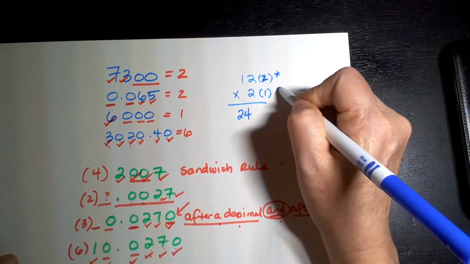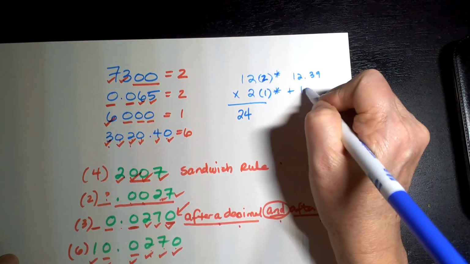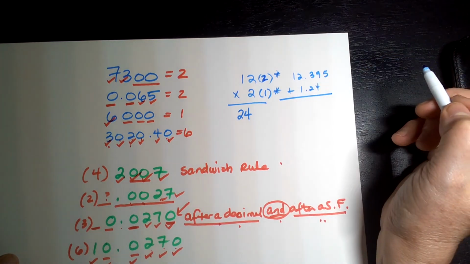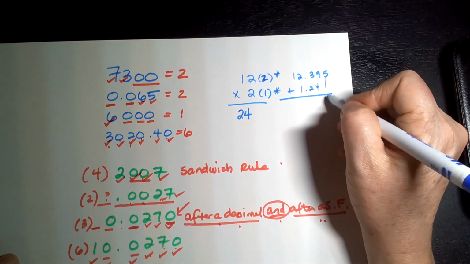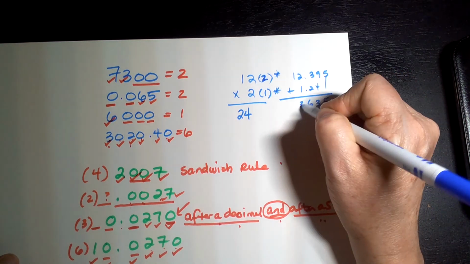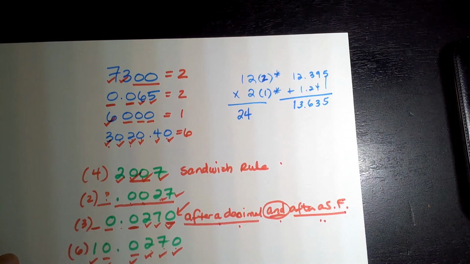So then sometimes we have 12.39 plus 1.24. I'll do 12.395 plus 1.24, and then you add them together. Okay, so it comes out to 13.635, but you always ask me how many places should I round it to.